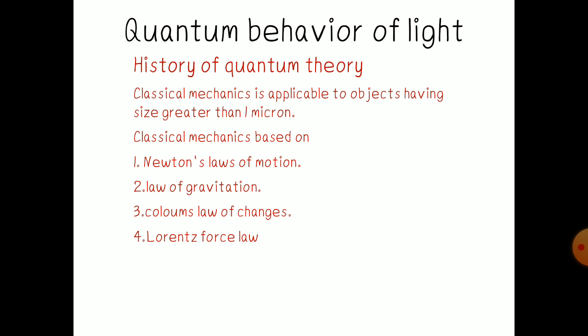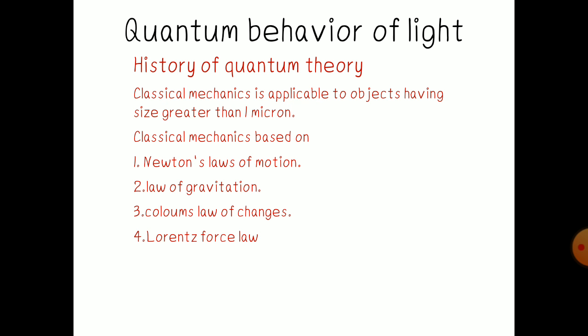Then the law of gravitation. Newton's gravitational law gives the force between two masses, m1 and m2. This law states that the force of attraction between two masses is directly proportional to the product of their masses and inversely proportional to the square of the distance between them.